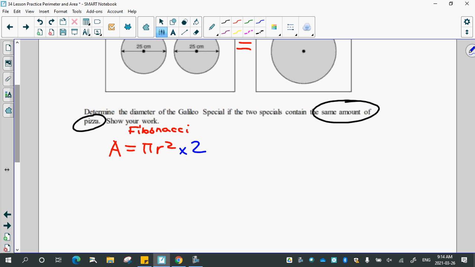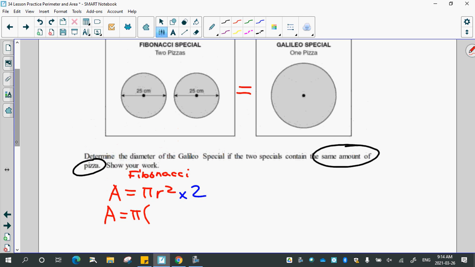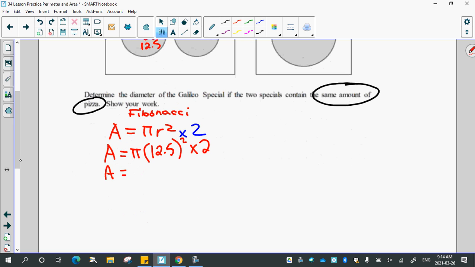Yeah, that makes sense. So what is the radius of the Fibonacci special here? Yep, 12.5, good. So radius is 12.5 squared times 2. And I should be able to put that into my calculator all at once.